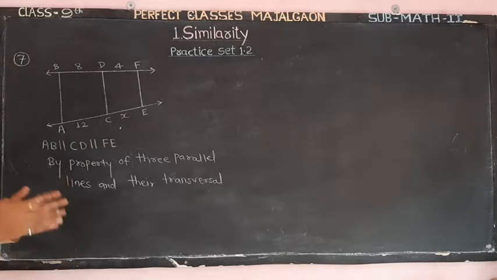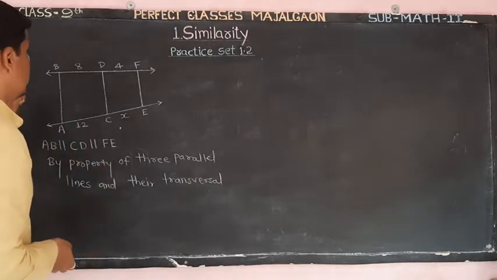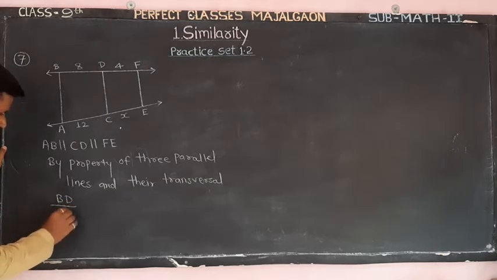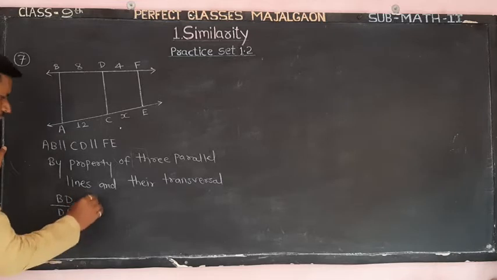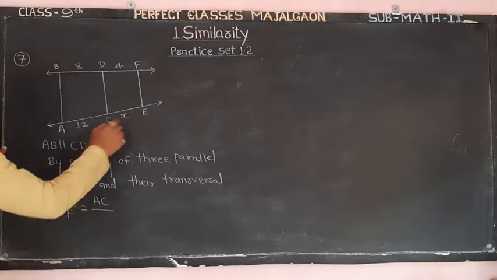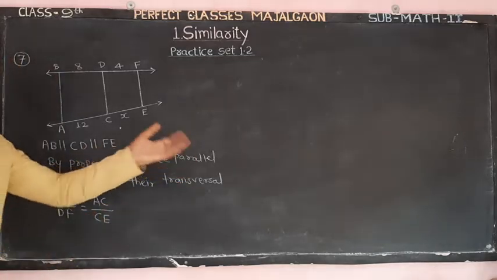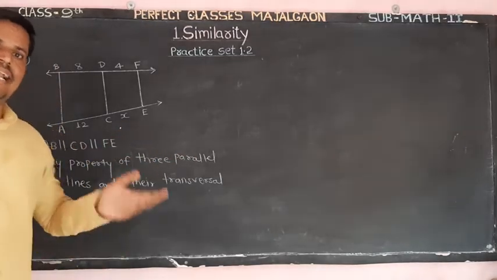How to use the property of three parallel lines? Therefore, BD upon DF is equal to AC upon CE. Here we write the reason: by the property of three parallel lines and their transversal.